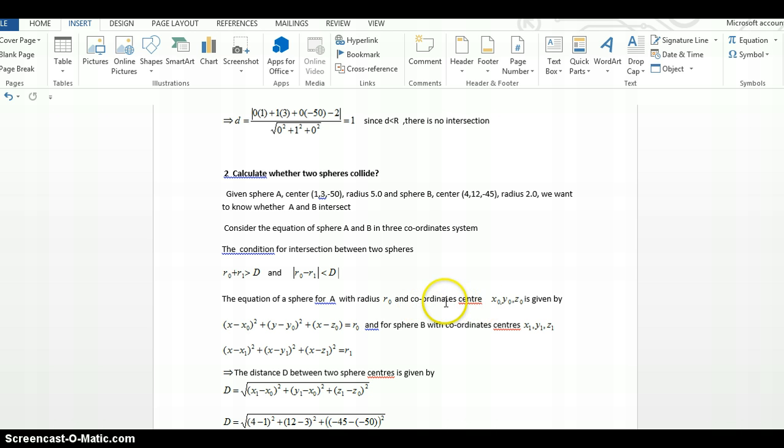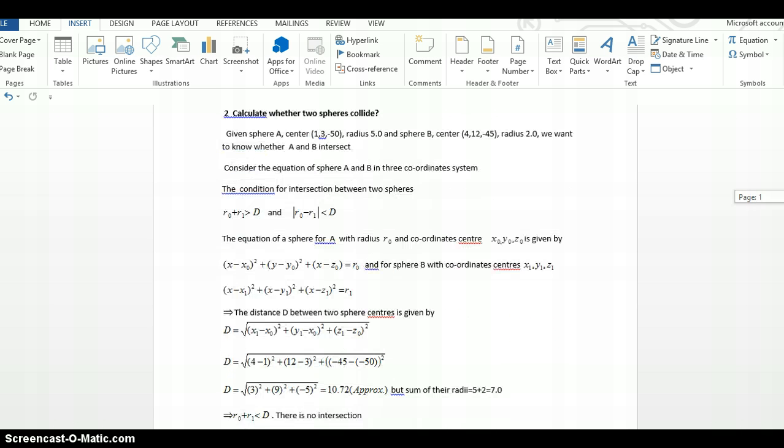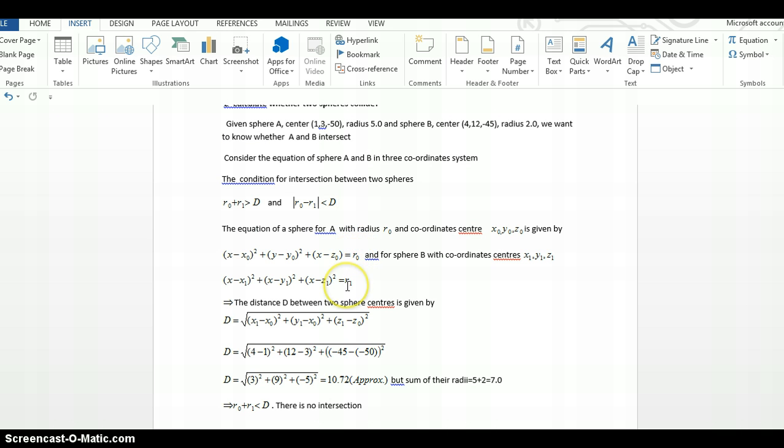So the center coordinate for A is x0, y0, z0, and the center coordinate for B is x1, y1, z1, and the radius is r0 for A and r1 for B. So the distance between the spheres is equal to the x1 of sphere B minus x0 of sphere A, plus the y1 of sphere B minus the y0 of sphere A, plus the z1 of sphere B minus the z0 of sphere A. So you have to square them, and sum them, then take the square root.